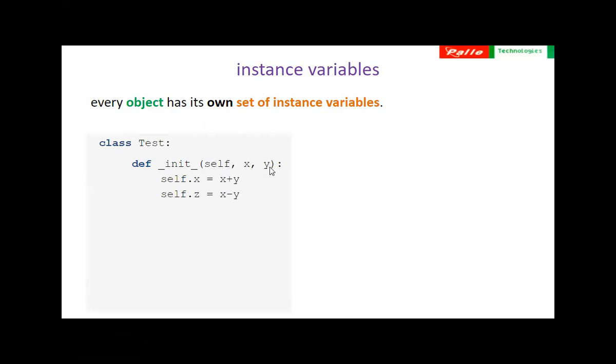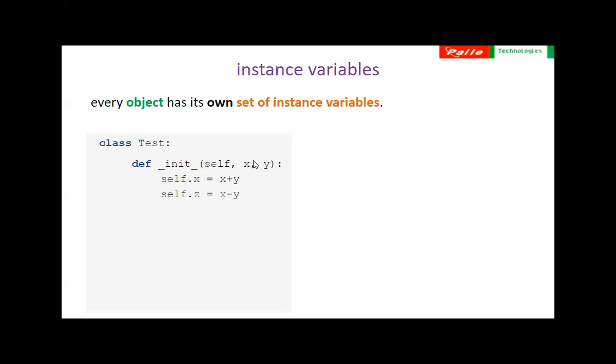A local variable. What about y? What about x? What about z? Instance. Can a local variable and an instance variable have the same name? Yes. Remember, instance variables and local variables can have the same name. There is no problem in that.